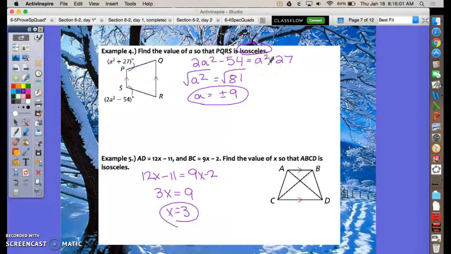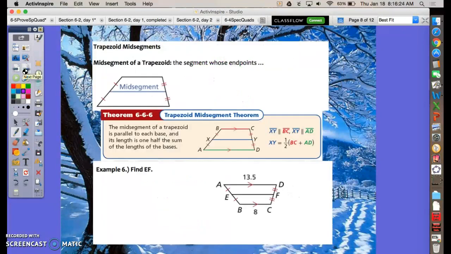A can be a positive and negative number because it doesn't come out to be a negative value for the measure of the angle, right? So A can be -9. When you plug it back in, it's still going to come out as a positive measure for that angle. In example 5, again, you're given that it's isosceles, the diagonals are congruent to each other, so you should get x equals 3.